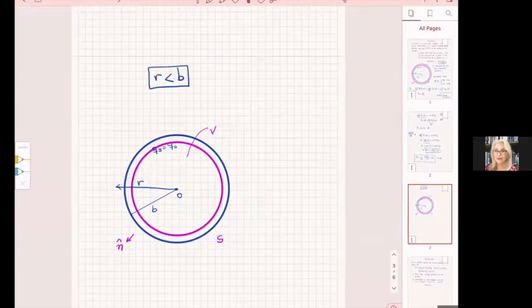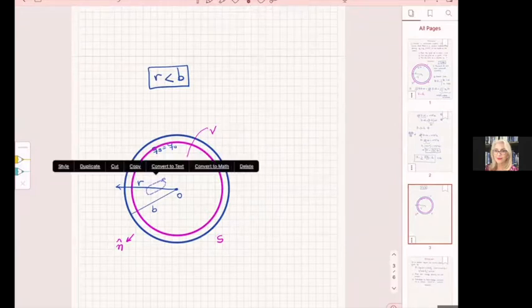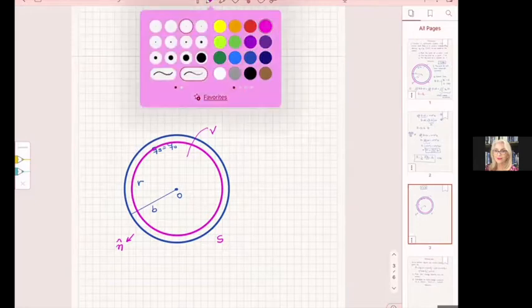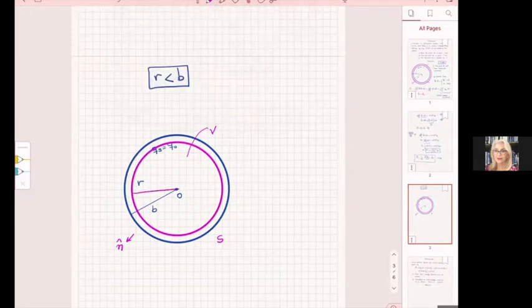Let's see. There's this, and it's gonna go like this. This is R, right?